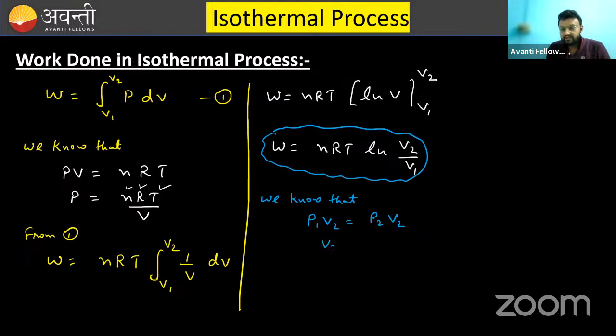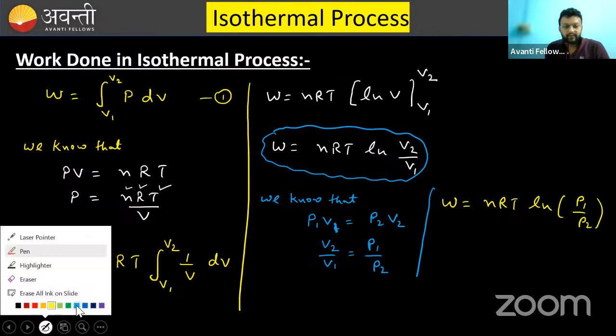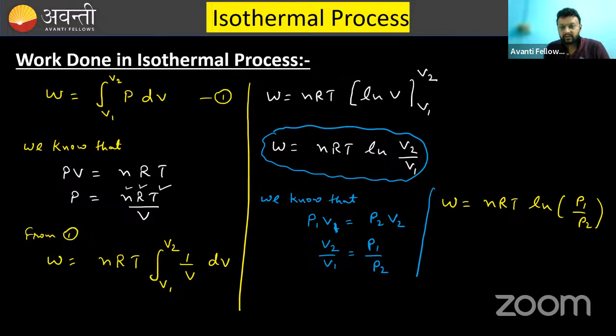Then V2 by V1 is P1 by P2. So you can replace this value and you will get work done equal to nRT ln P1 by P2. If you have any doubt, you can ask me.